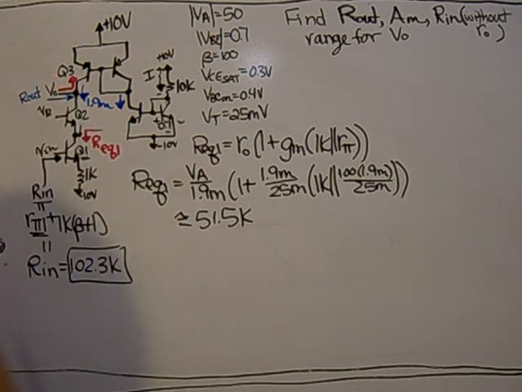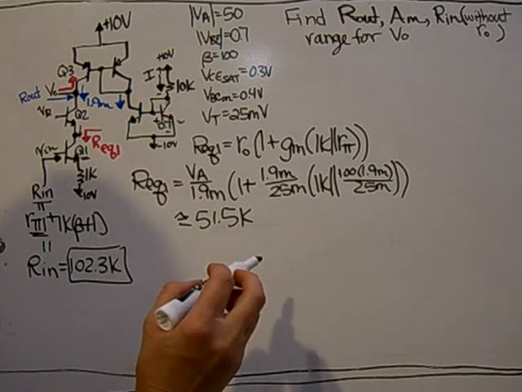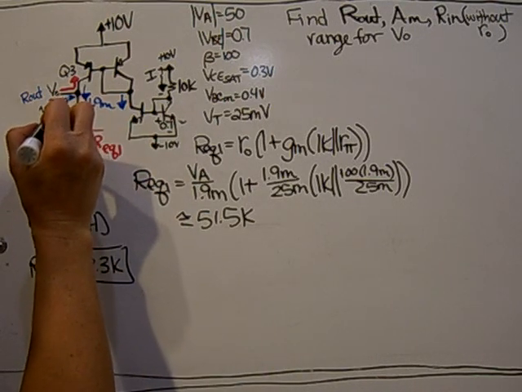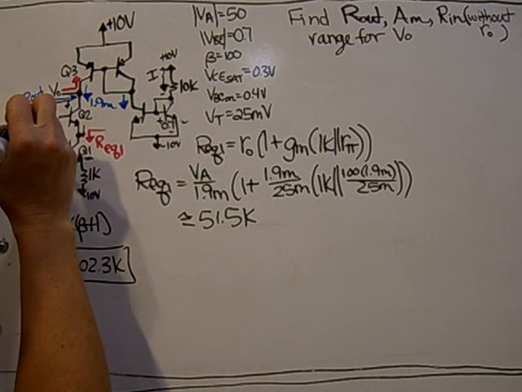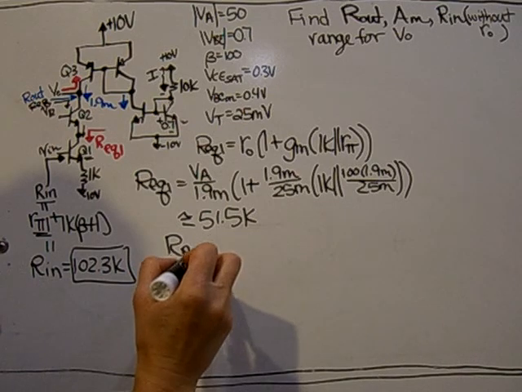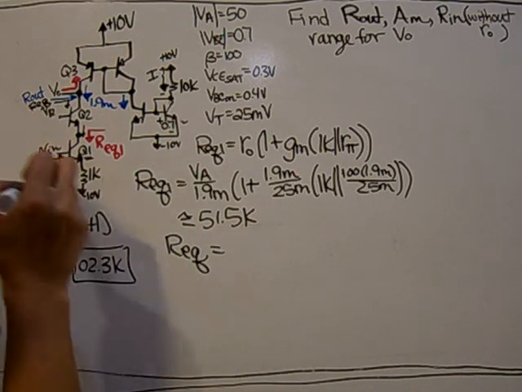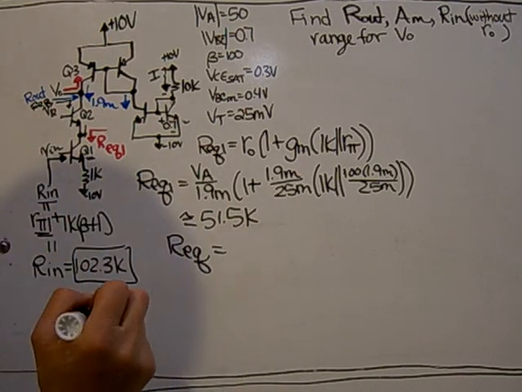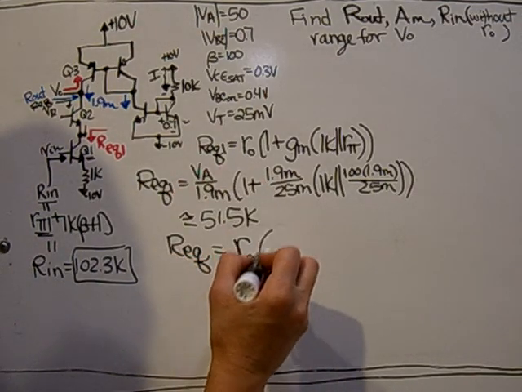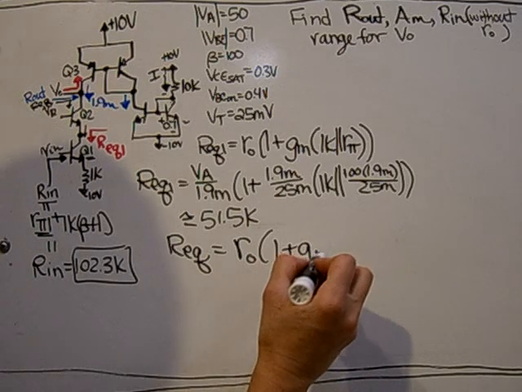So then I need to find the resistance now seen up at the top. So I'm going to call this REQ. And again, there's an equivalent resistance here, so it's one transistor in the resistance, so it will be similar. It will be RO times 1 plus gm.